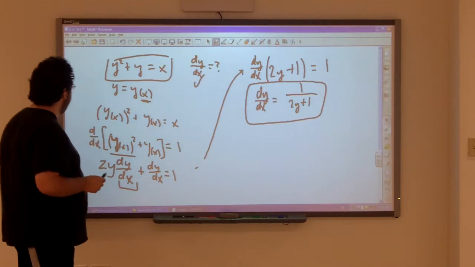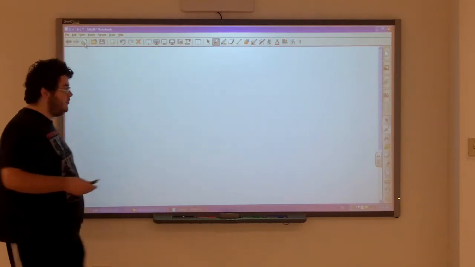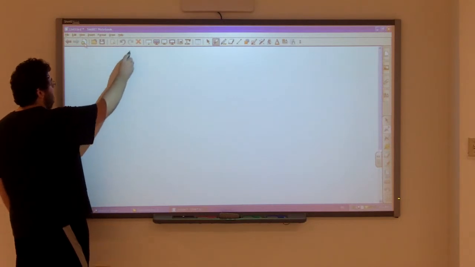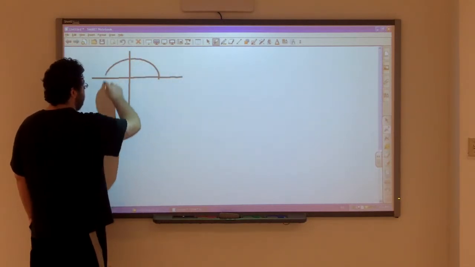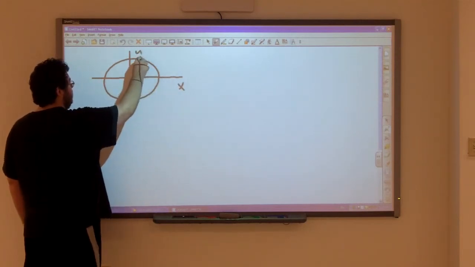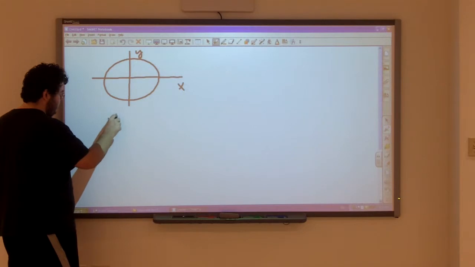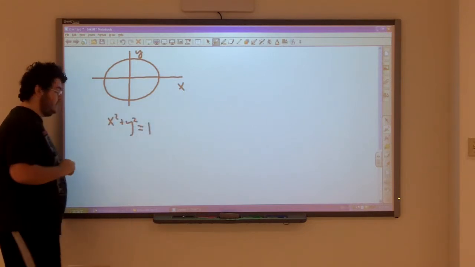Okay? So now we're going to do one last example, and it includes this implicit differentiation. The problem is, you're given the unit circle. The equation of the unit circle is given by x squared plus y squared equals 1.